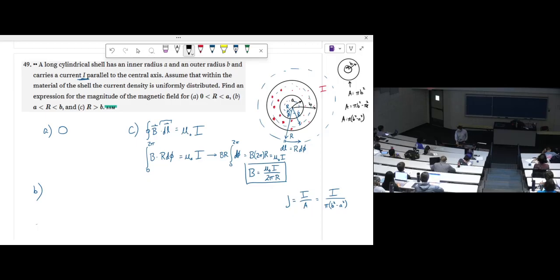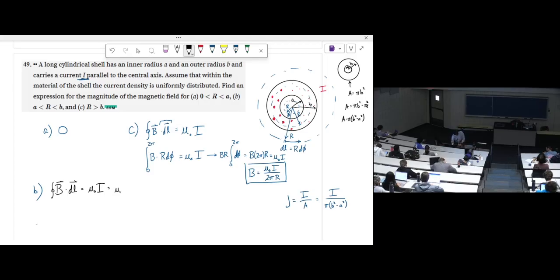And what we said is we can take, according to Ampere's law, the closed loop integral of B dot dl is equal to mu naught times I, but how much current we've enclosed is going to depend on how far out from the center of the circle we are.